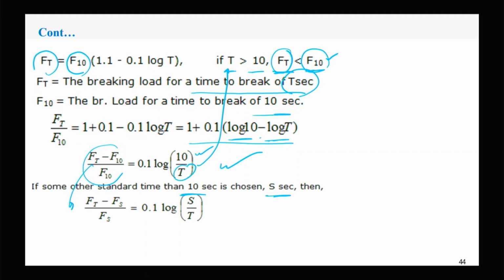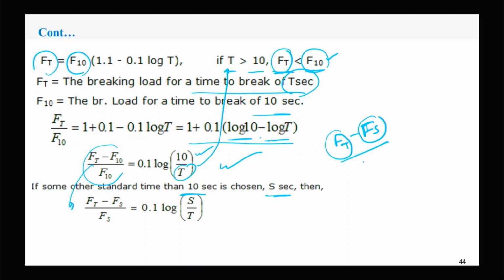If we want to measure the percent change in breaking load, Fs was the initial standard breaking load with a standard time, and when we increase the speed we get a higher load.